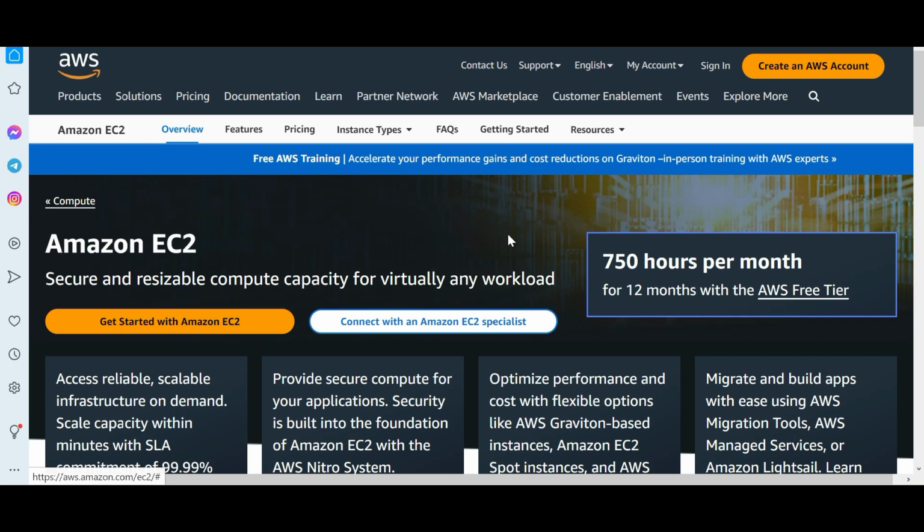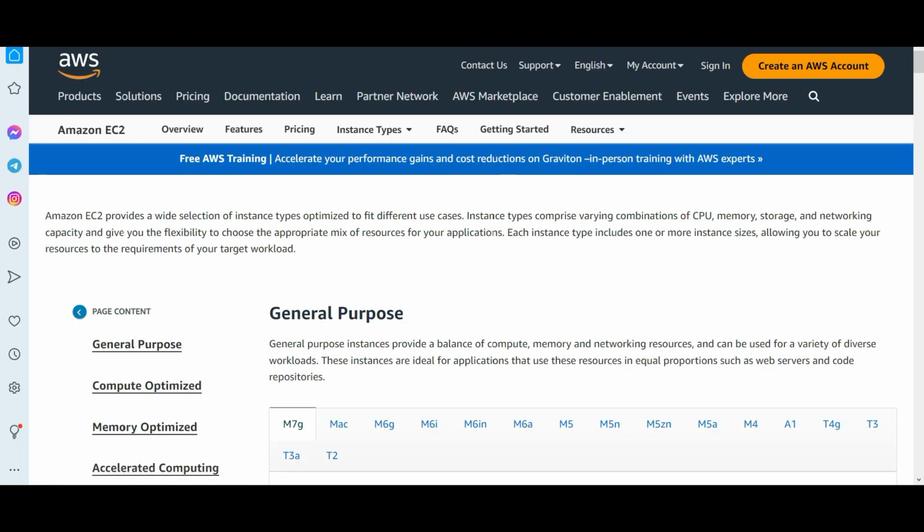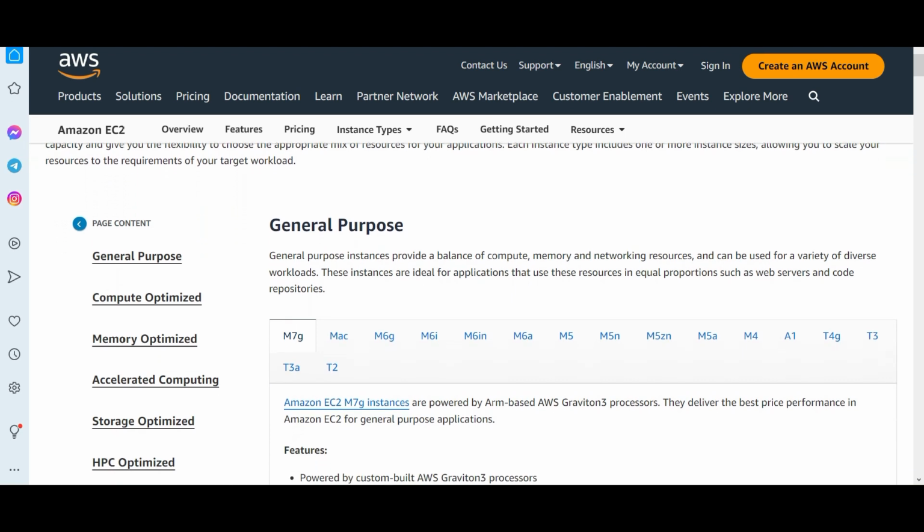It is like your applications were on servers on premises. Now you still need a server in the cloud. That server would be EC2. This is a virtual server. It comes in various configurations of CPU, memory, storage, and network capacity. There are different instance types.